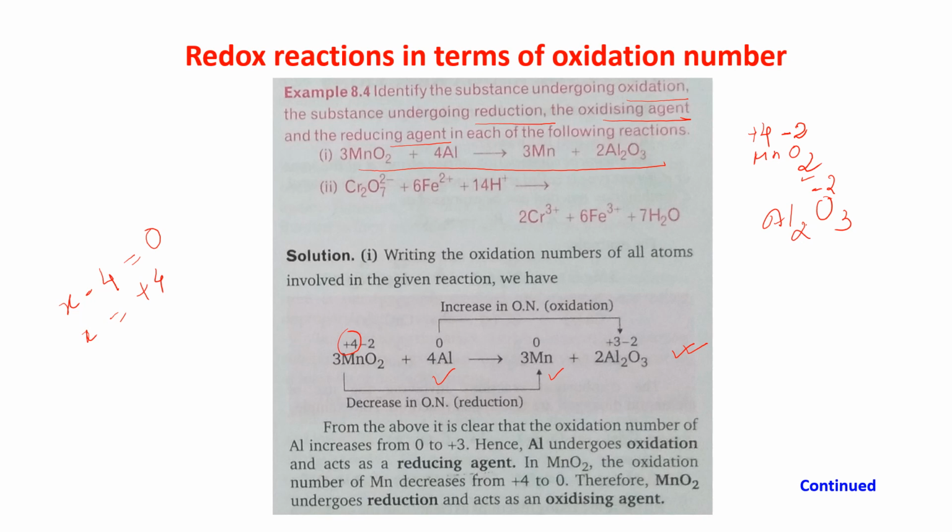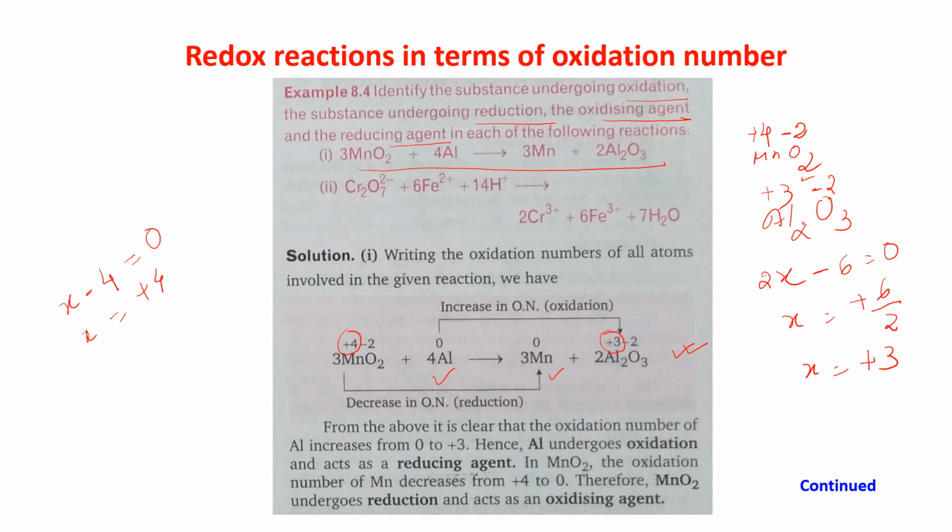So it will be 2x, and 3 2s are 6. That means 2x - 6 = 0. So x is equal to +6 by 2, so x is equal to +3. So you can write here +3.